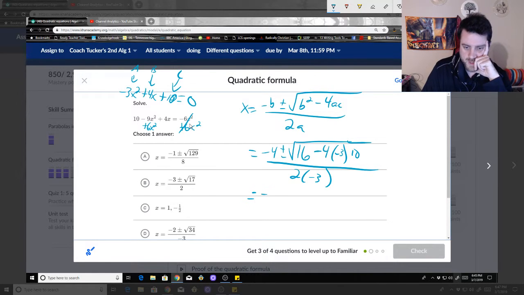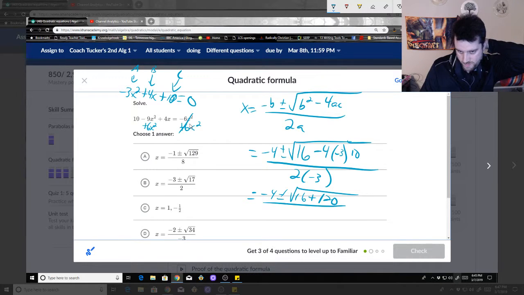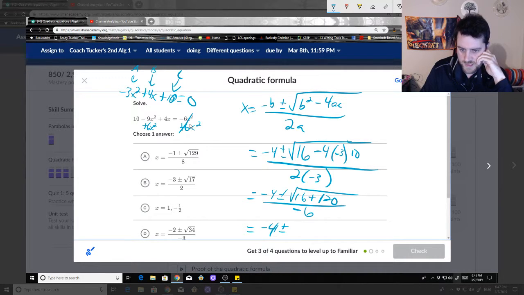We have negative 4 plus or minus the square root of 16 plus, because 2 negatives make a positive, that's 120, all over negative 6, which is equal to negative 4 plus or minus the square root of, what is that, 136 all over negative 6.